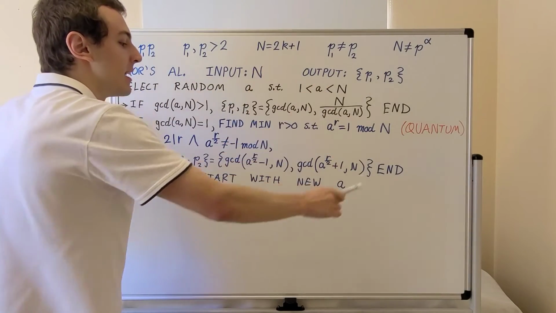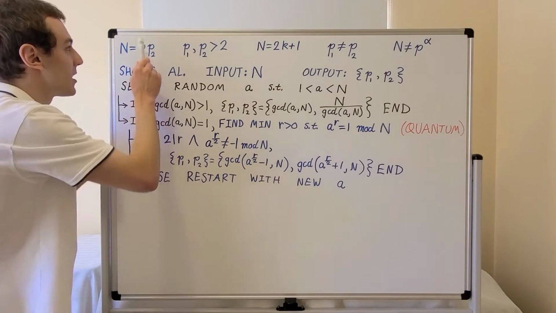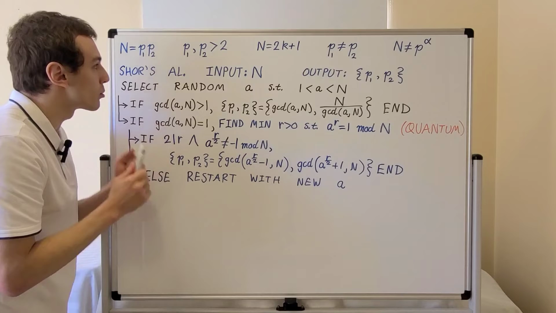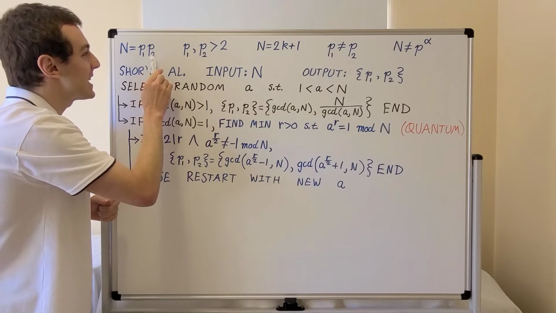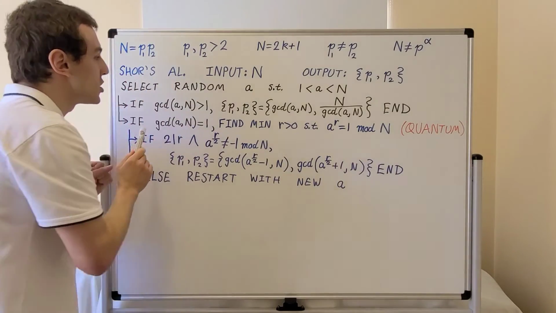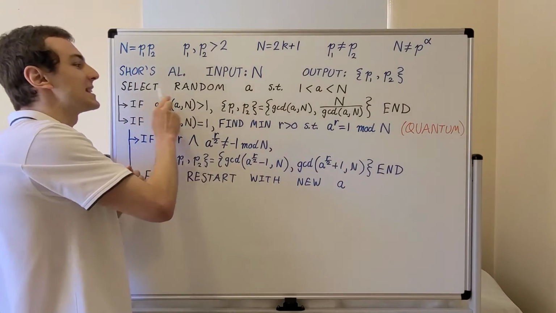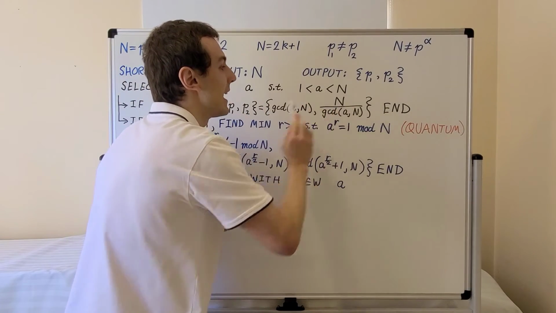So let's summarize this procedure over here. We're given a specific number n. This is a semi-prime number, and the prime factorization consists of two distinct primes which are greater than 2. What we want to do is begin by selecting a random value a in between 1 and n.